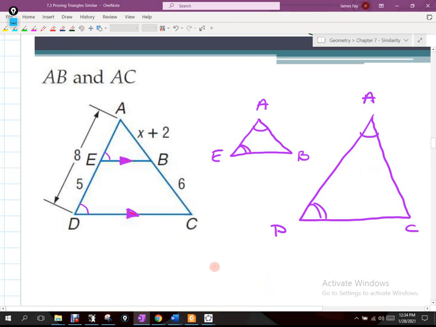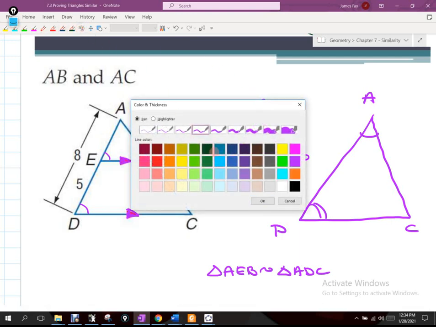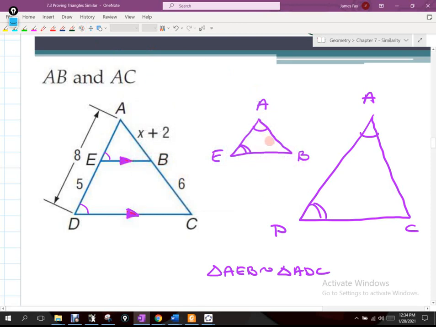So when I name these, we'll say triangle A, E, B, and triangle A, D, C. Okay? But the reason I like to separate them is to kind of open my eyes a little bit better to the values that belong on those particular segments.